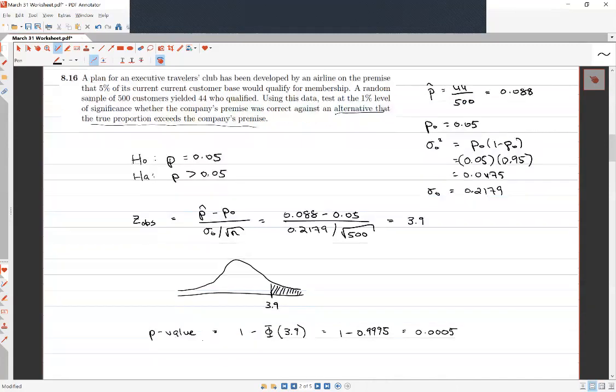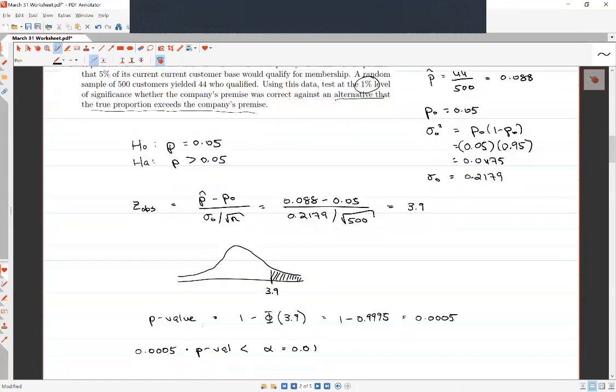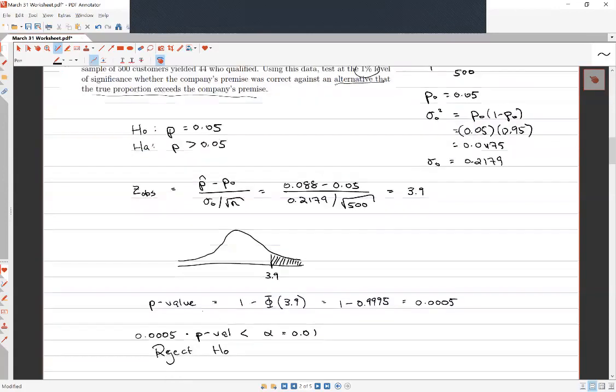What does this mean here? We're evaluating this test at the 1% level. So our p-value, if we compare it to the alpha of 0.01, p-value is less than alpha. Small p-value, small likelihood that the null hypothesis is true, so we reject the null hypothesis. What do we conclude here?